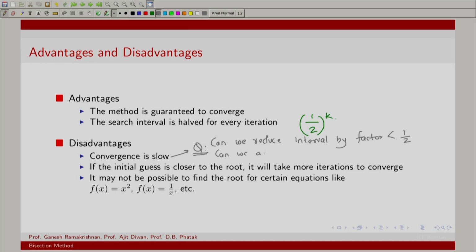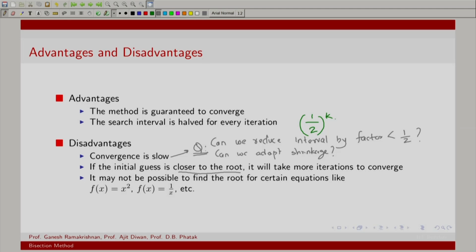Can we adapt the shrinkage and so on? In fact, if the initial guess is closer to the root, it will take more iterations to converge, primarily because the shrinkage is relative. So we would like to detect if we are close enough to the root.